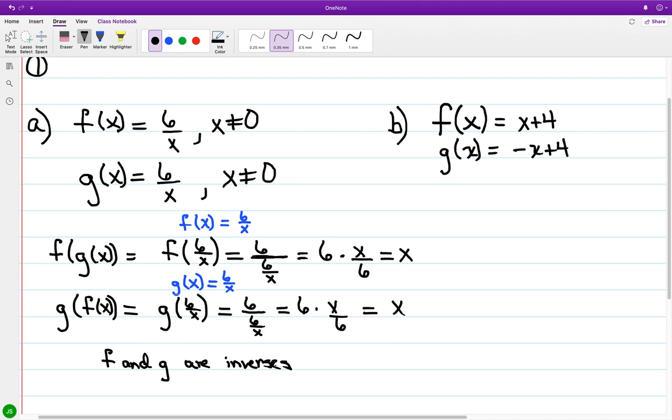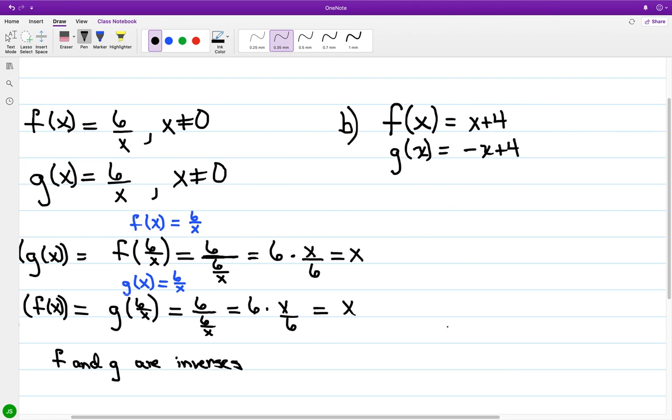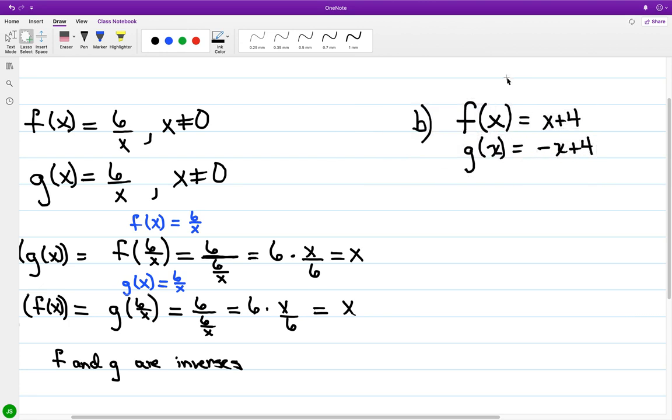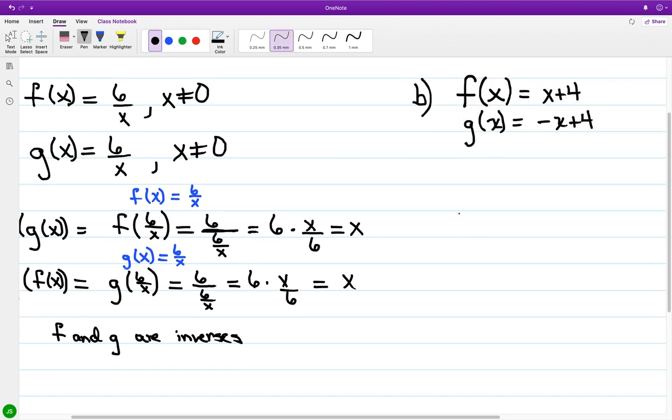In the crossover to part B, we now have f of x equal to x plus 4, and g of x equal to negative x plus 4. Looking at the compositions, we have f of g of x. Again, we have g of x at negative x plus 4.